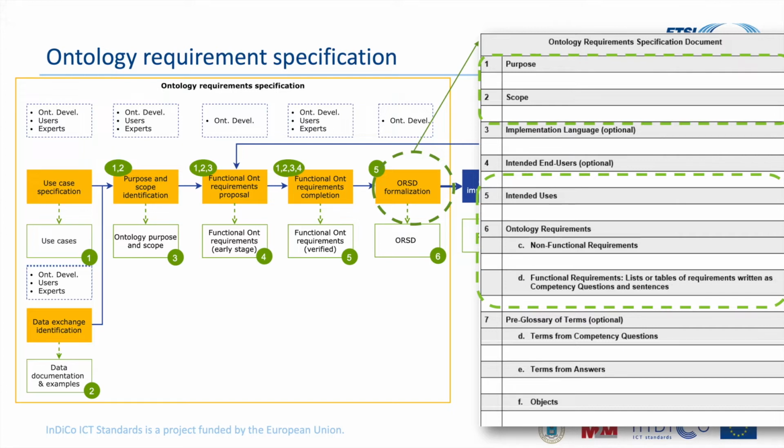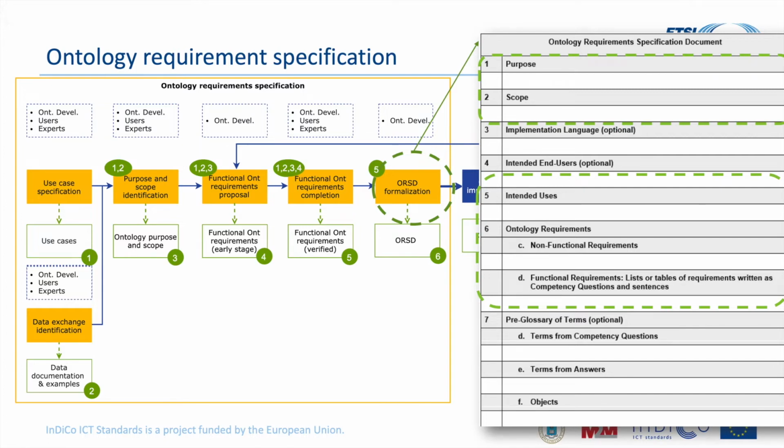The difference with field D, functional requirements, is that these functional requirements are more related to the ontology content, that is, which classes, relations and actions will be included in the ontology code. For this field, we can use the tables of requirements written as competency questions or as sentences.